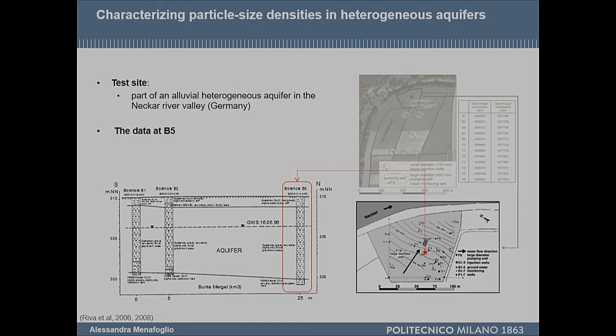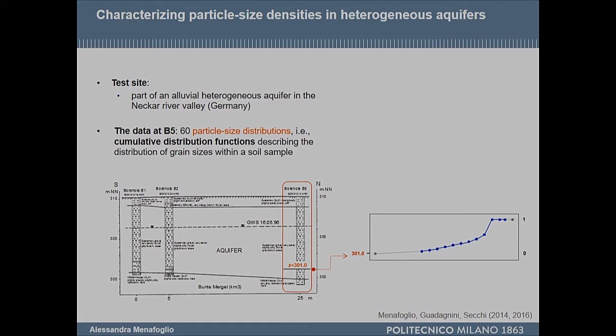Now, along the well B5, we have some observations, and in particular, we consider the observations of particle size distributions. Now, particle size distributions are cumulative distribution functions that describe the distribution of grain sizes within a soil sample. So these are cumulative distribution functions, as I said. They are in [0, 1].